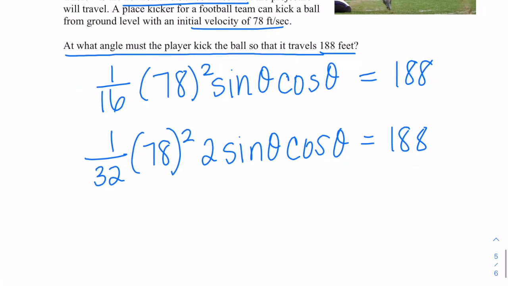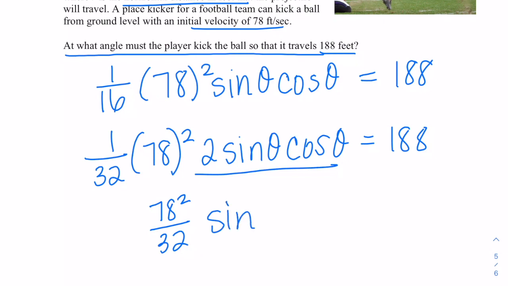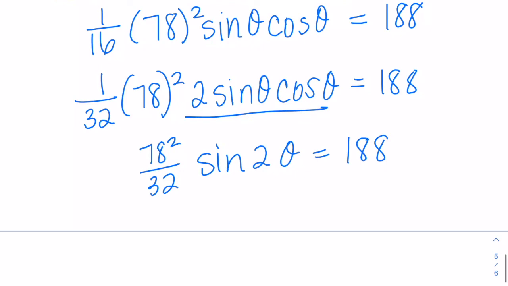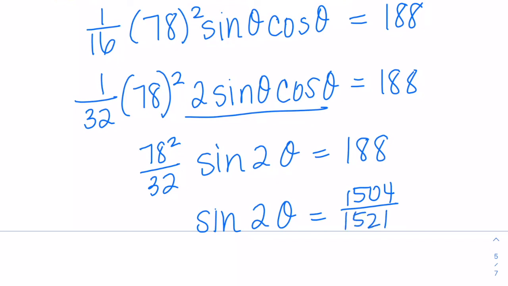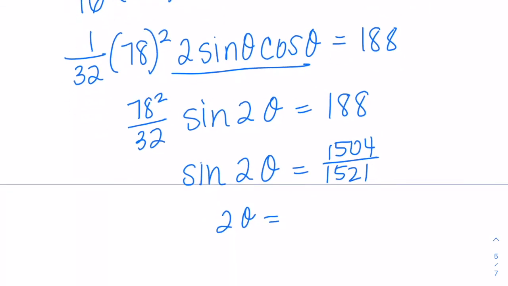So we can substitute this, and I'm just going to write these together here. That's going to be sine of 2 theta. So we can divide everything by 78 squared, multiply by 32, so we'll get sine of 2 theta equal to 1,504 over 1,521.